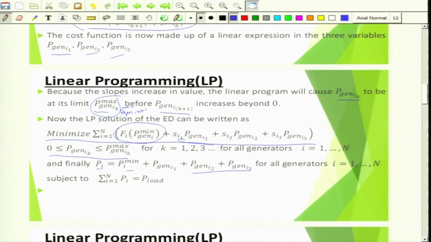That means, the individual generator power output is equal to the power output at different segments of that particular generator plus its minimum, and if you add all such generators which have so many segments of power generation, and that should be equal to the total load, right.